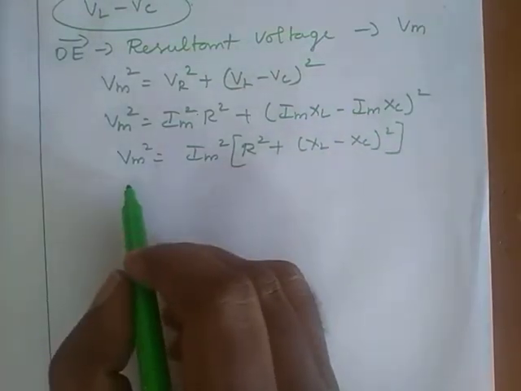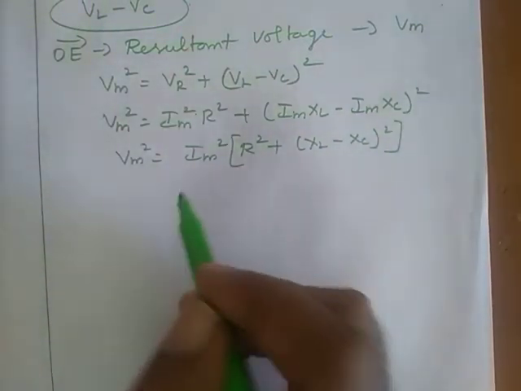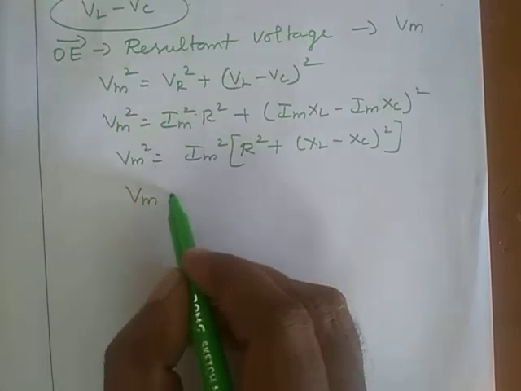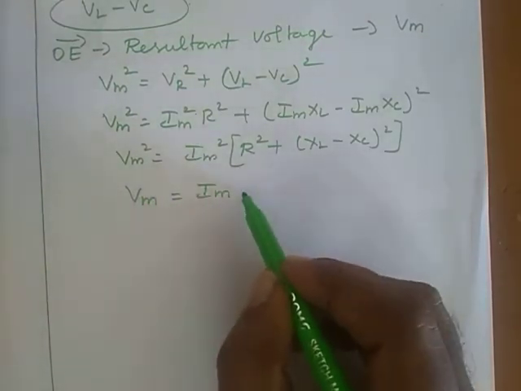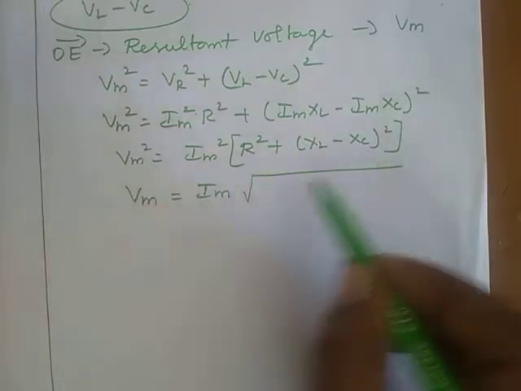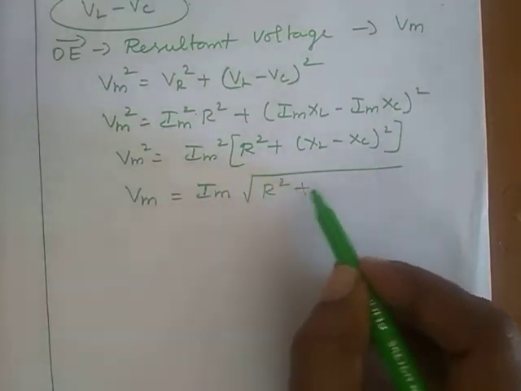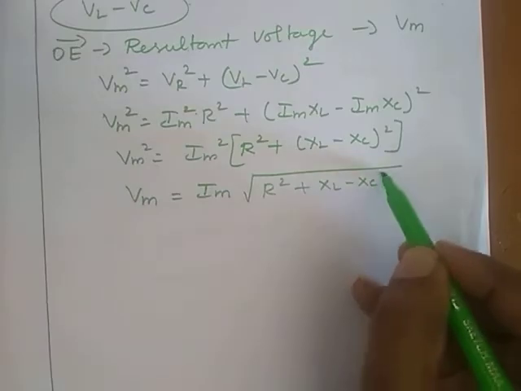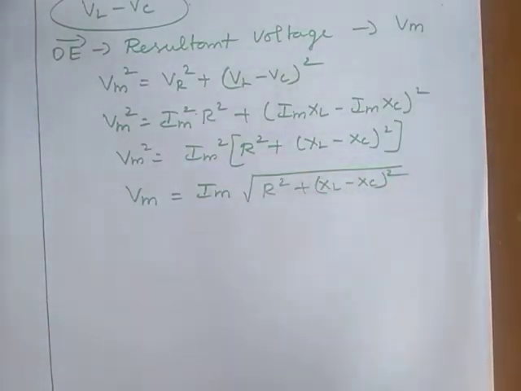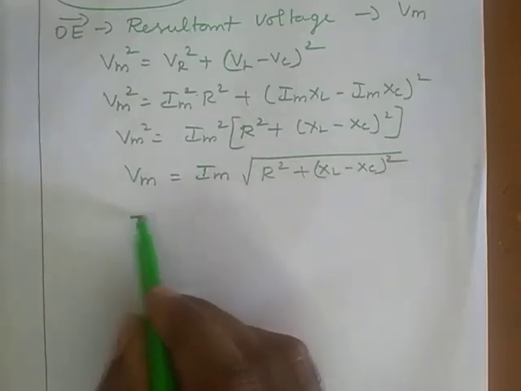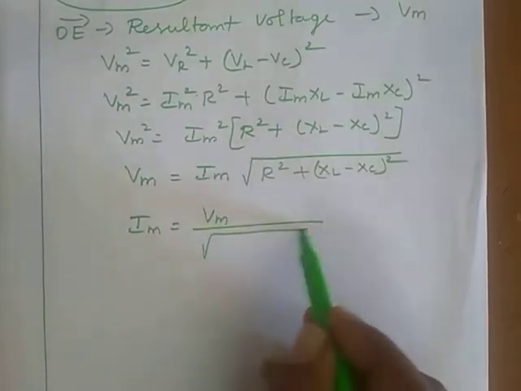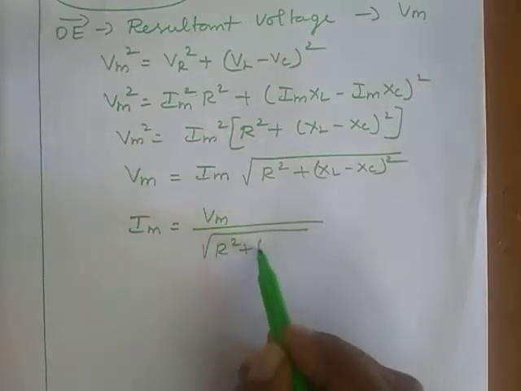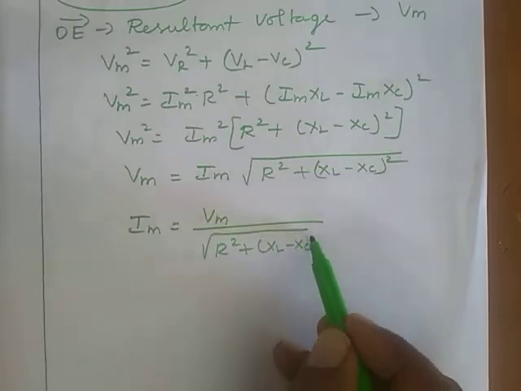Then taking the square root on both sides, we get Vm is equal to Im times root of R square plus XL minus XC whole square. Then Im is equal to Vm by root of R square plus XL minus XC whole square.